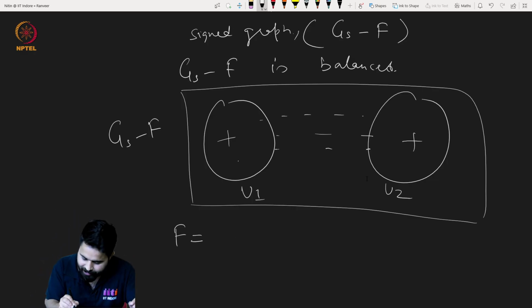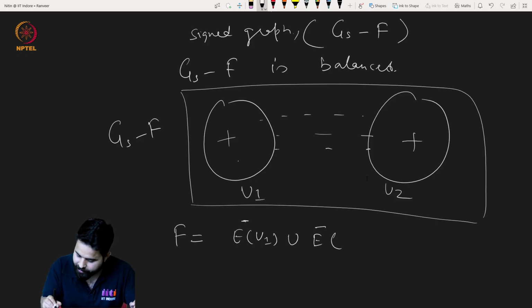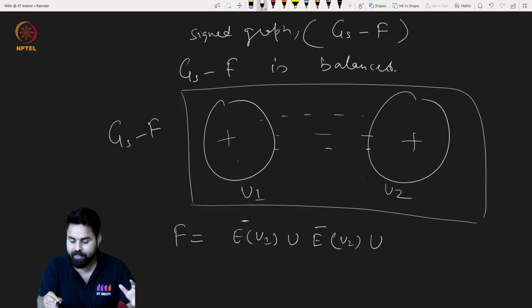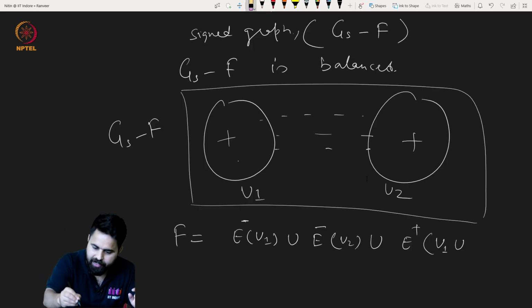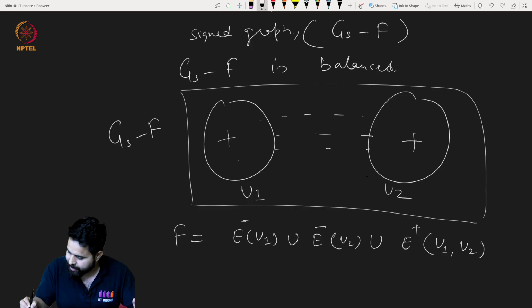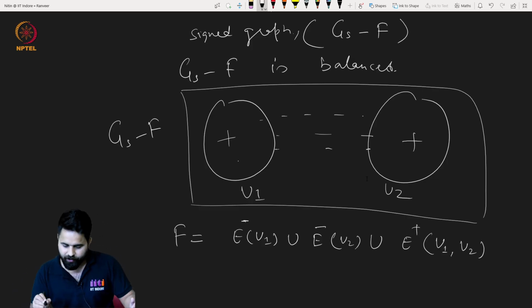So these were the negative edges in V1, the negative edges in V2, and also the positive edges between V1 and V2.